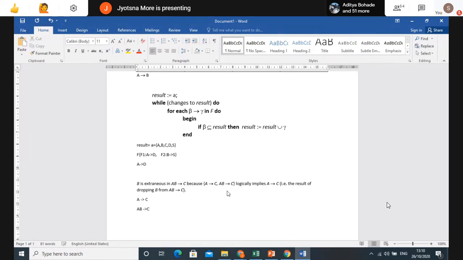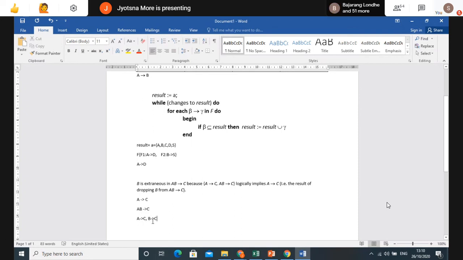So with the help of this, suppose I am breaking AB determines C into A determines C, and the other attribute I am getting is B determines C, right? If I am breaking AB determines C into two parts, I am getting A determines C as well as B determines C.